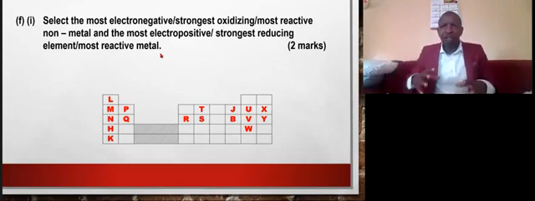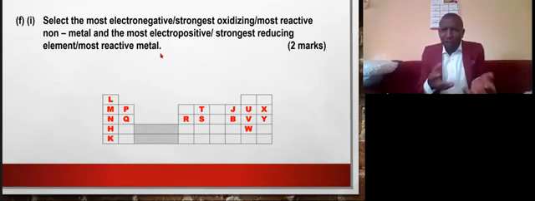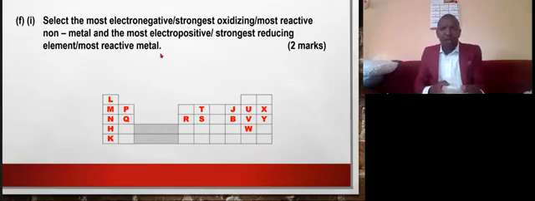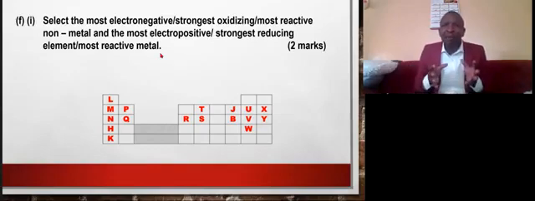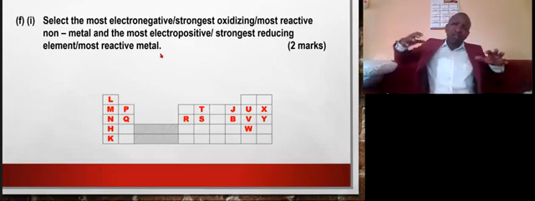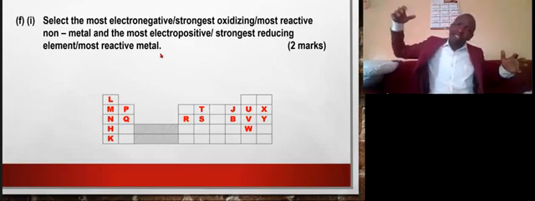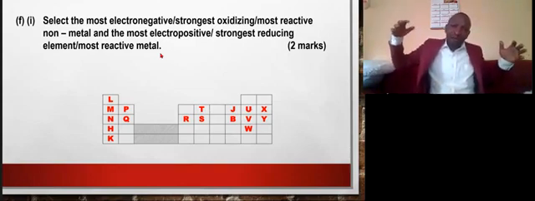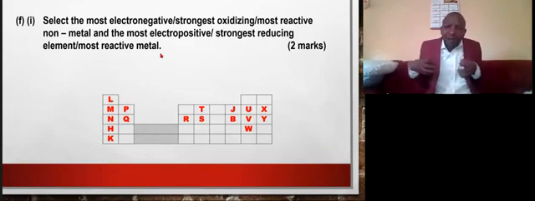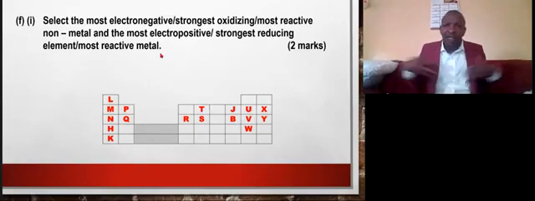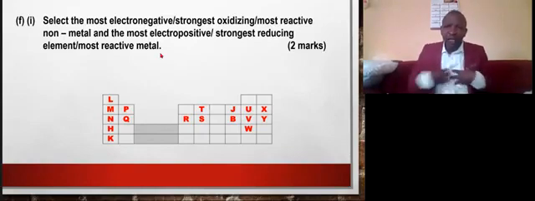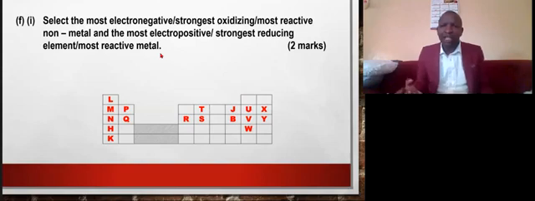What causes the attraction is the protons within the center. If the atom is very large and the electron is being pulled from very far, it may not be very easy. But when it is close, it is very easy for the electron to be attracted to that particular atom.